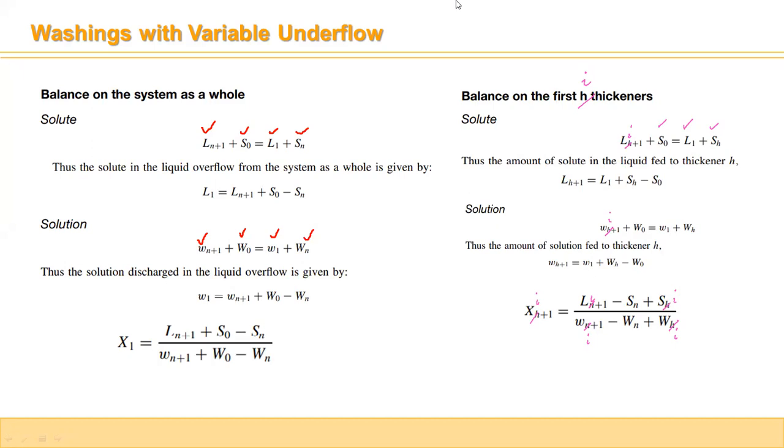X sub 1 equals Y sub 1, X sub 2 equals Y sub 2. Only the streams leaving a particular thickener have equal concentration. But the washings do not have equal concentration, so their solute content increases. Thank you, miss. Okay. Any more questions?